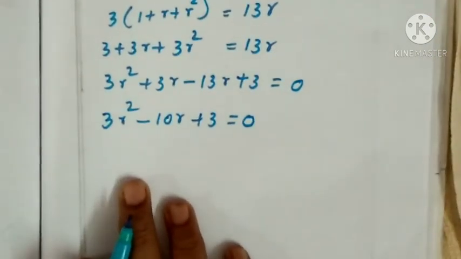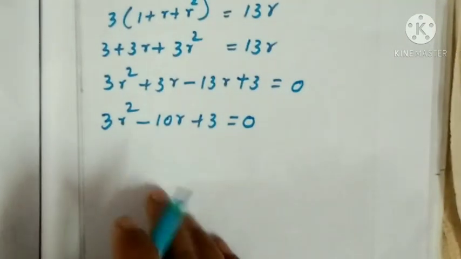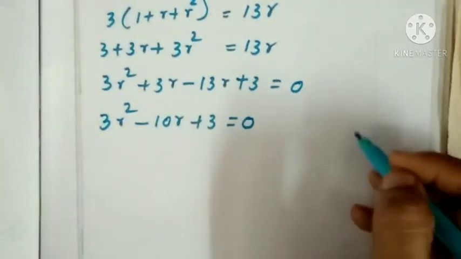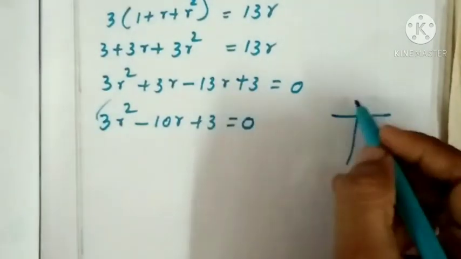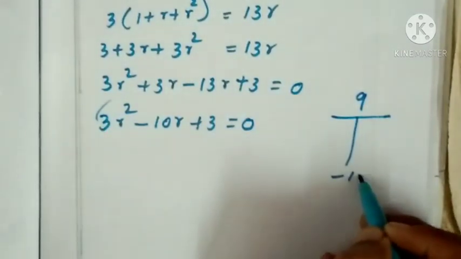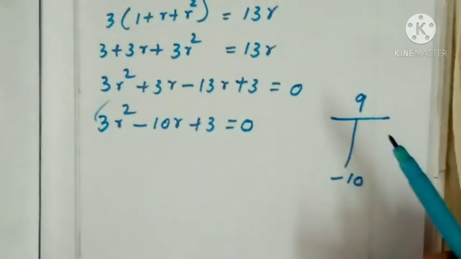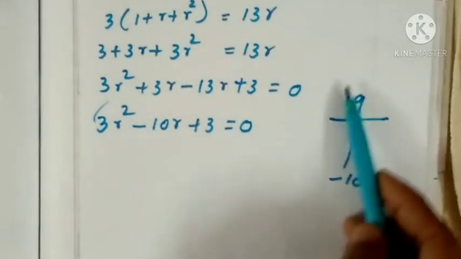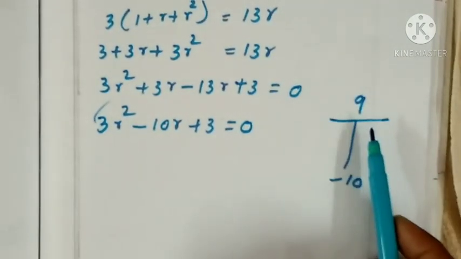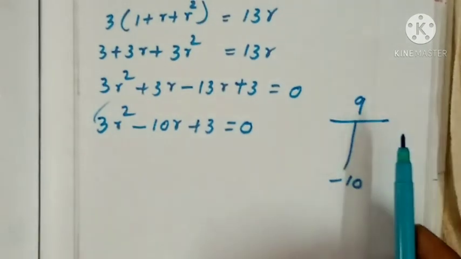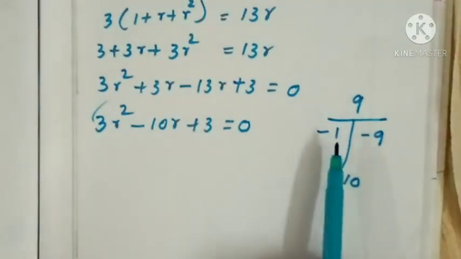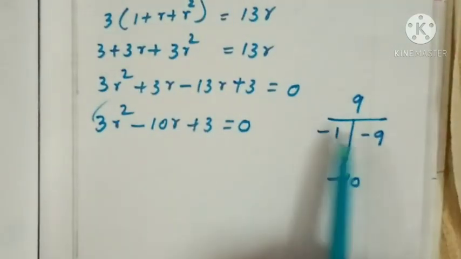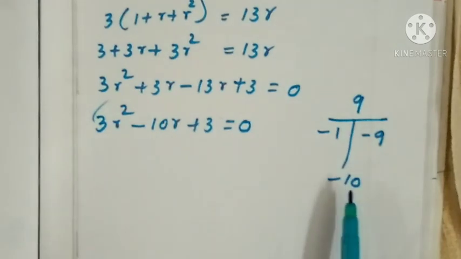Now you have to factorize, so you apply the T method and factorize this. 3 into 3, 9, minus 10. Now you have to split the number 9, and we get minus 1 and minus 9. You multiply, we get plus 9, adding this we get minus 10.